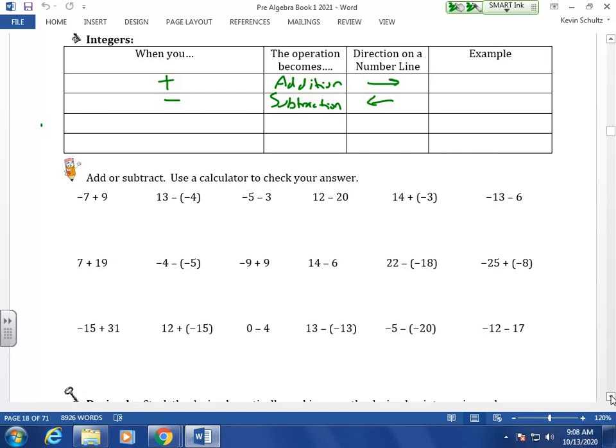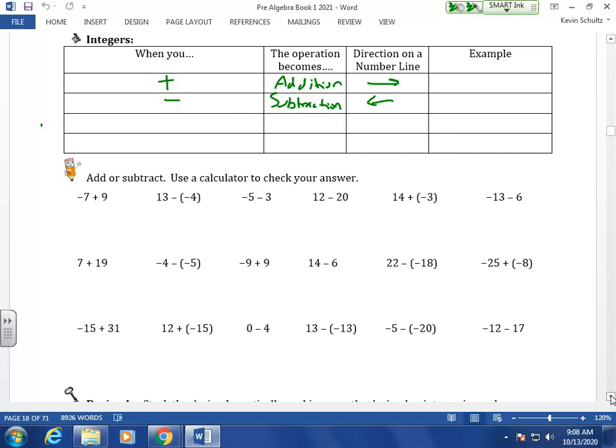Look at your charts. You all filled them out here. What is another way to represent subtraction? Aiden. Division? No, division is not subtraction. Okay. Look at your charts. What did we put down?